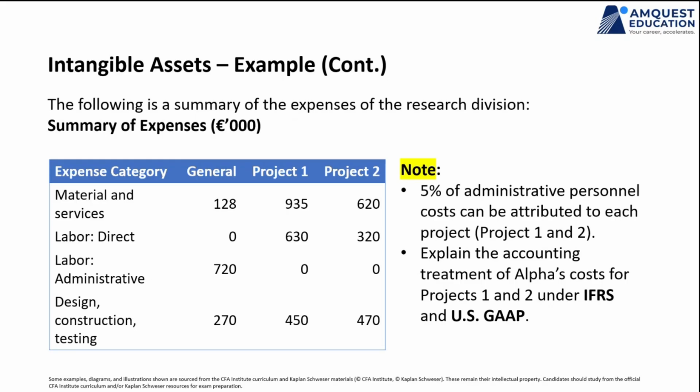Now, we have been given a summary of the expenses that the research division has spent: material and service expense, labor which is direct, and labor that is administrative, design, construction, and testing. So in general, the expense is 128 and 720. Project 1, 935, project 2, 620 on materials. Labor, a different number, and design and construction, a different number.